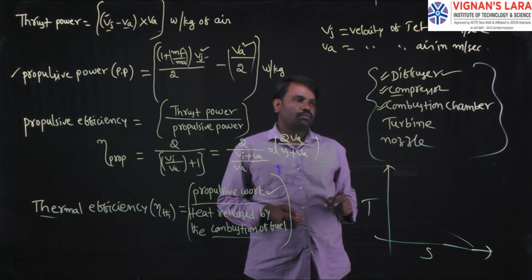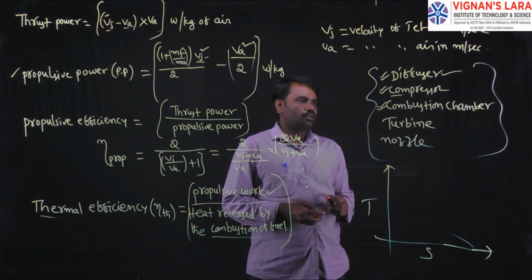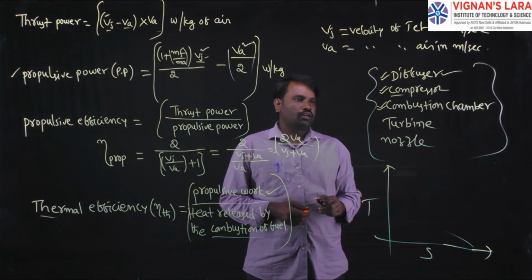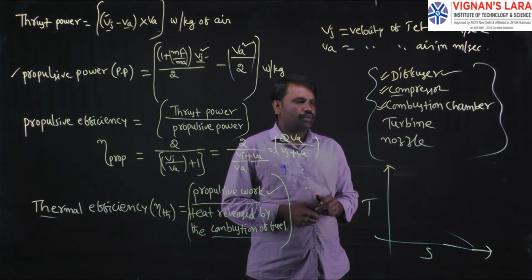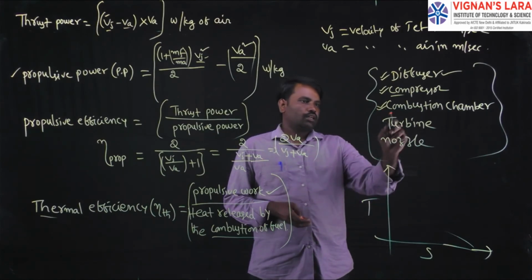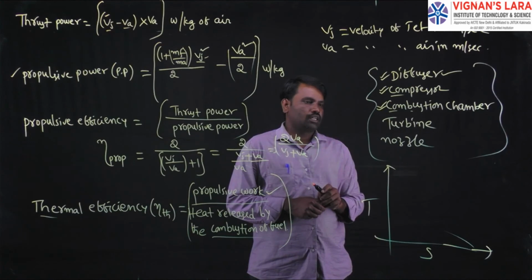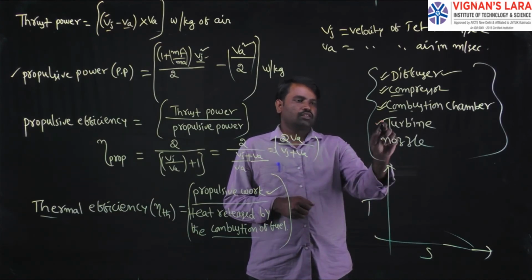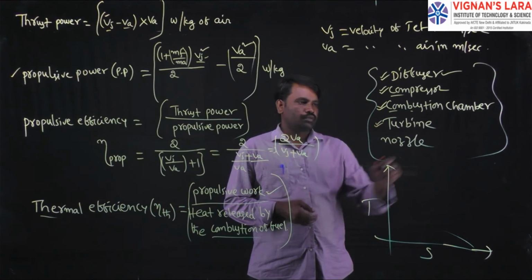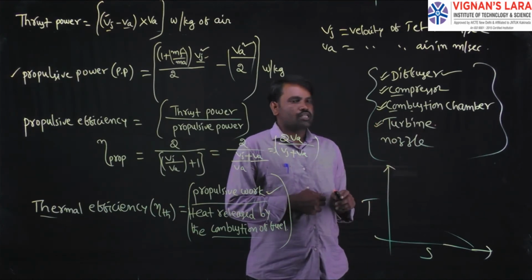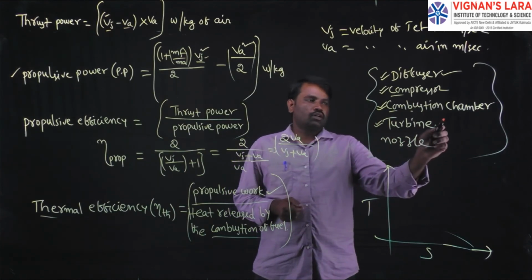In the case of the combustion chamber, with the help of some external source we are adding the heat to the fuel, and during the heat addition the temperature rises up to the maximum pressure limit and temperature limit. We are raising the temperature of the combustion products, and those combustion products enter the turbine. During the expansion process we are getting the work output from the turbine, and that gas turbine unit produces work output equal to that needed to operate the compressor.